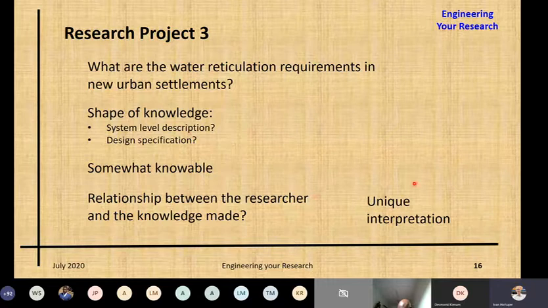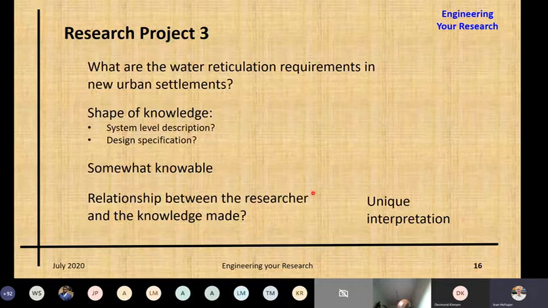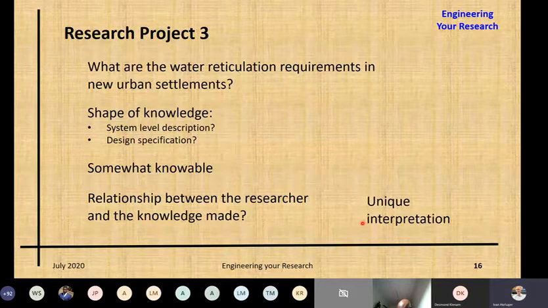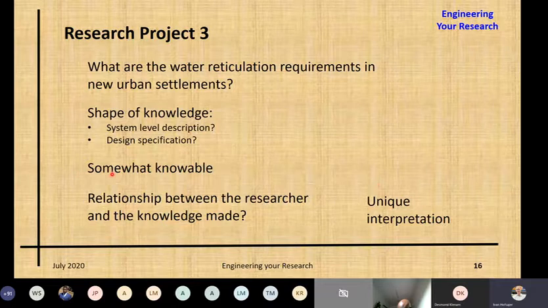So that's going to be a unique interpretation depending on who I am, because I'm now dealing with a non-technical person, and I've got to try and make sense out of what this non-technical person is saying. The customer isn't wrong. The customer wants everyone to be happy, and I've got to now come up with a design specification. So it's going to depend on who I am and how I interpret happiness as to what kind of water reticulation system specification I come up with. Right, so the knowledge is somewhat knowable, but it very much depends on who I am.